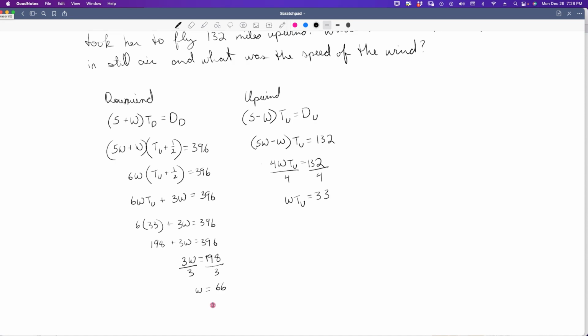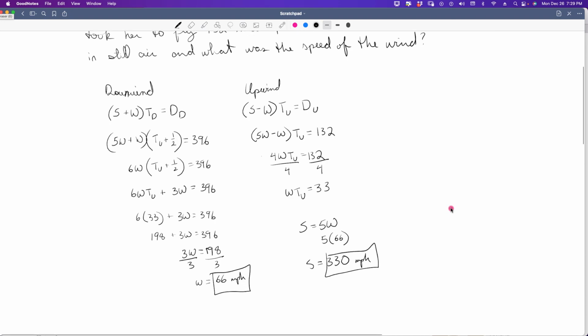And if her speed is 5 times 66, so Selby is equal to 5 times W, and W is 66, then Selby's speed is equal to 330 miles per hour. So those would be your two speeds: 330 miles per hour for Selby and 66 miles per hour for the wind. And that's how we would solve a problem like that, with boat in the river applied to a plane in the wind or flying around wherever.